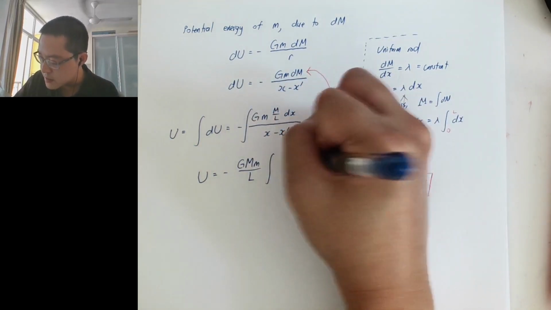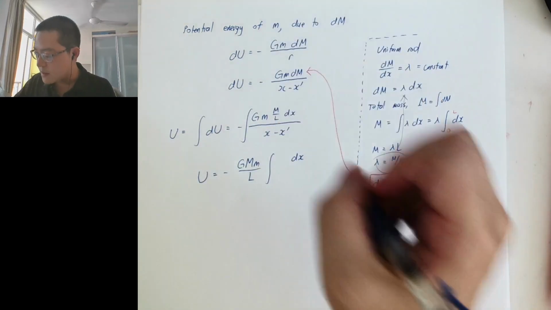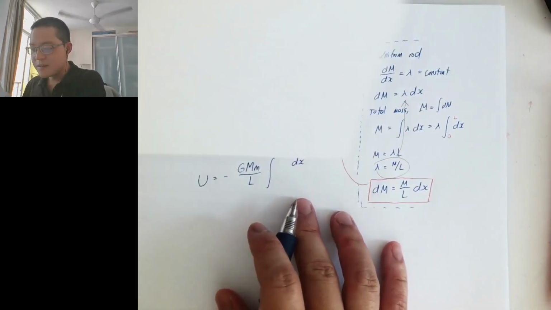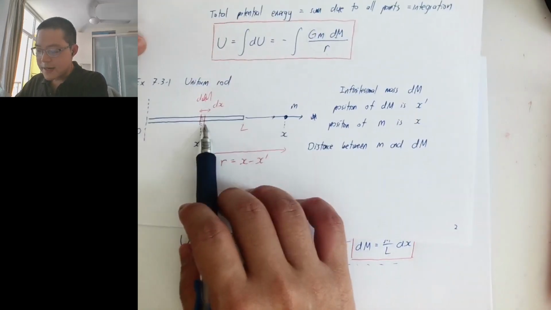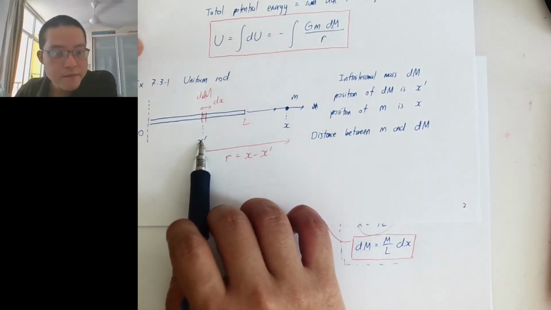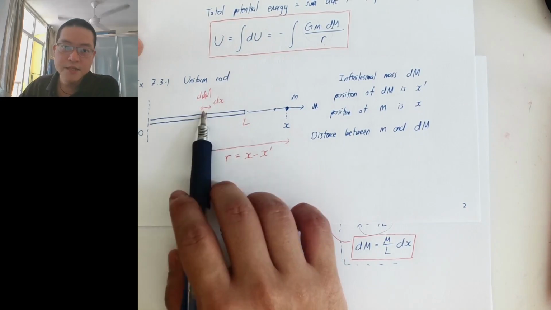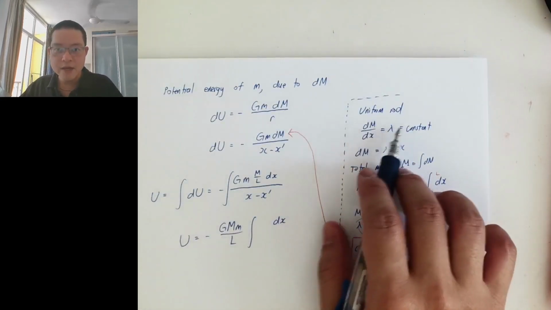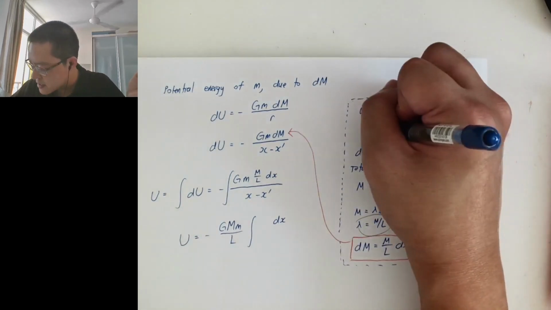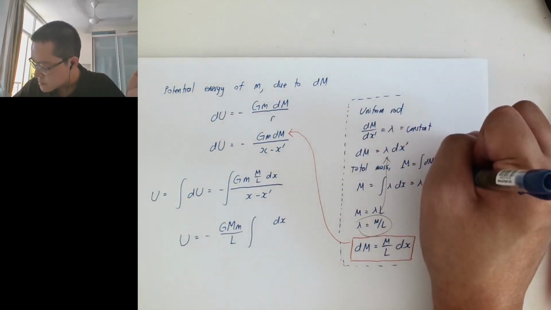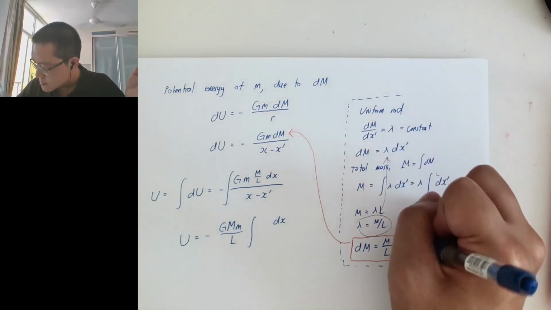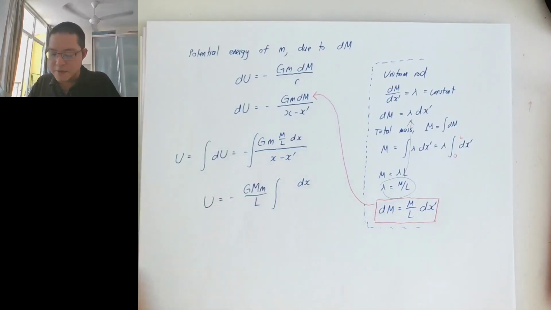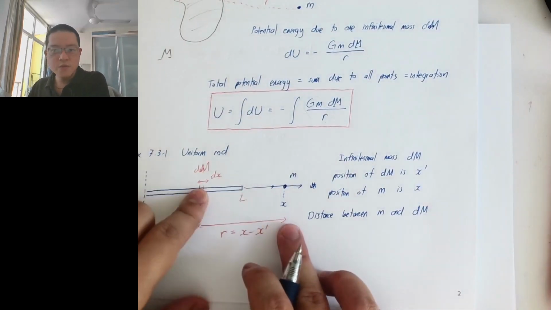All these are constants, so I can take them out. So I have G, big M and small m, and all these constants I take out, and then my integration is with respect to... oh yeah, one important thing I forgot. x prime is the position of this infinitesimal mass, and this is all about the infinitesimal mass, so I should say this is x prime. Because x is just the position of m, so it has nothing to do with this dm.